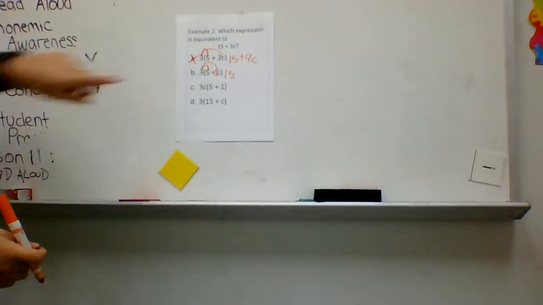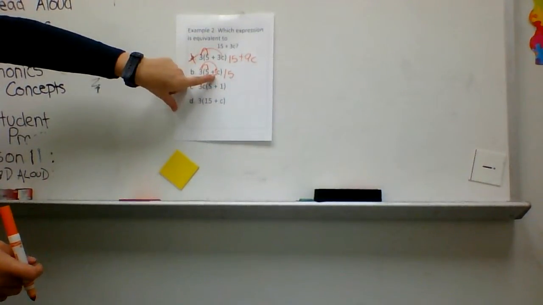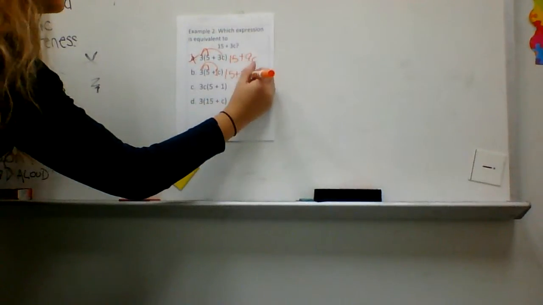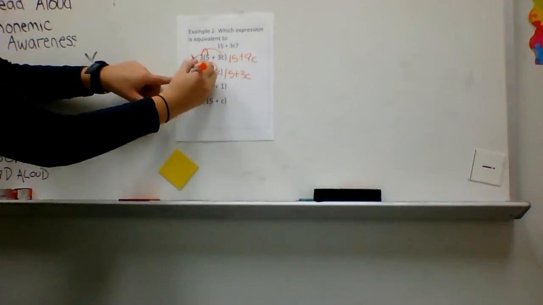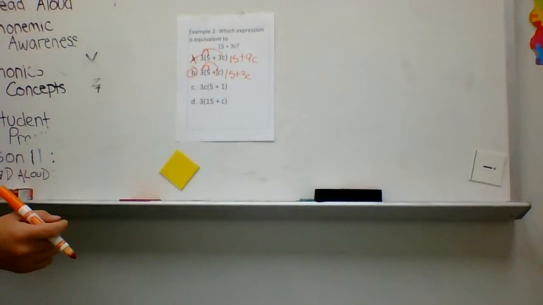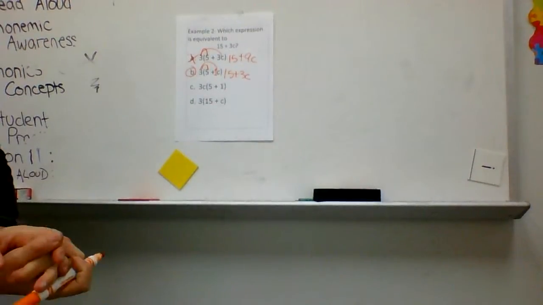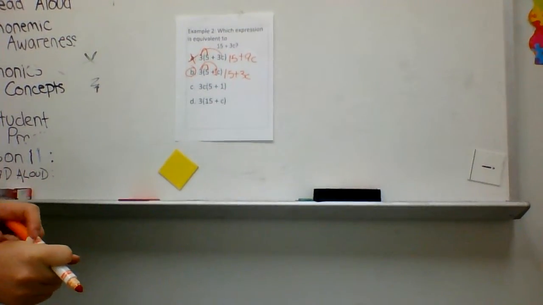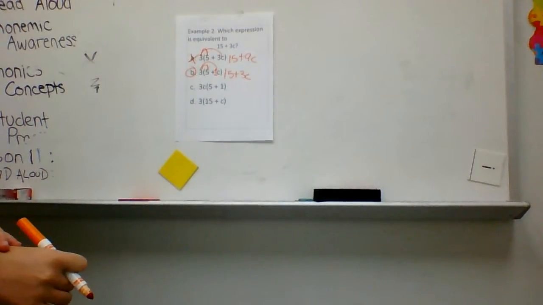I can do that. 3 times 1c, well, 3 times positive 1 is positive 3, and I have a c. So B matches: 15 plus 3c matches 15 plus 3c. Hit pause on the video. Try the next problem of 6 times the quantity 5 plus v on your own, and when you finish it, come back for example 3.